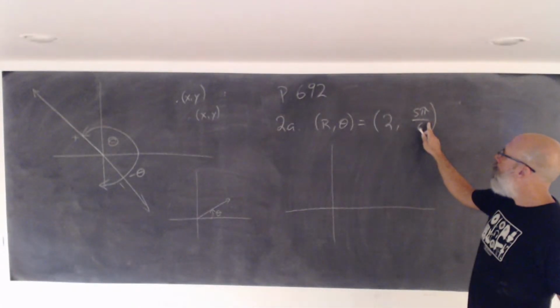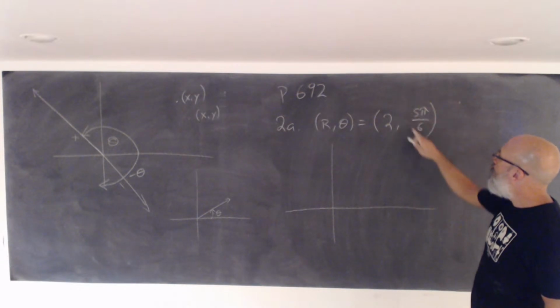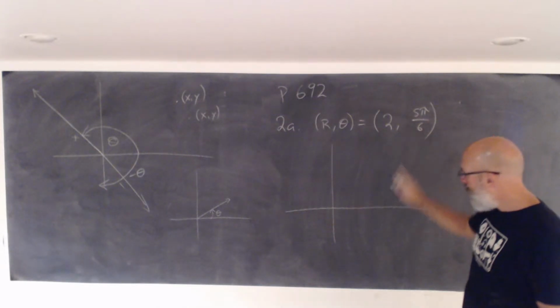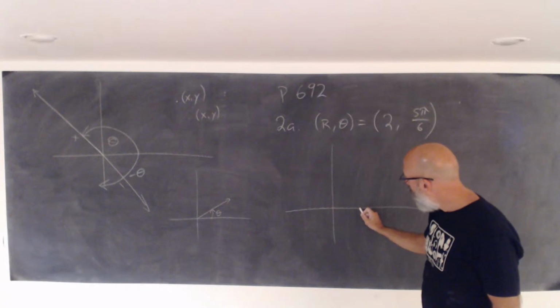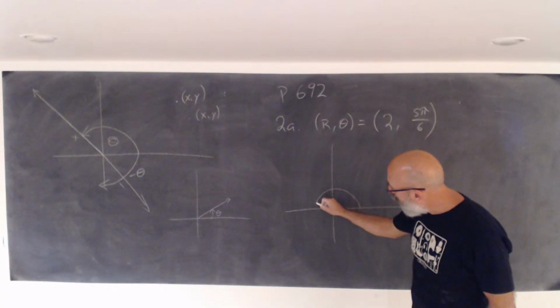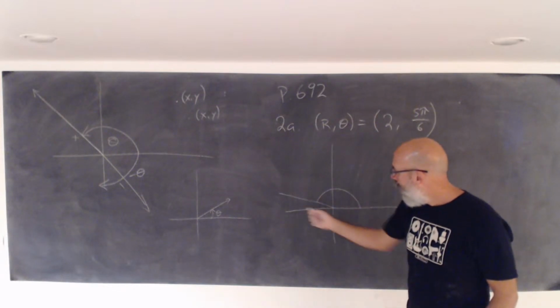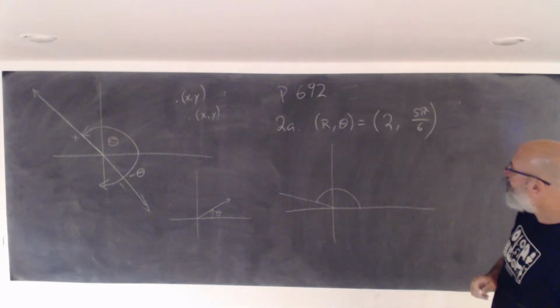So we're going to measure an angle of 5 pi over 6. This is almost pi, which is 180 degrees. Right? So we're just stopping short, 30 degrees short of pi.